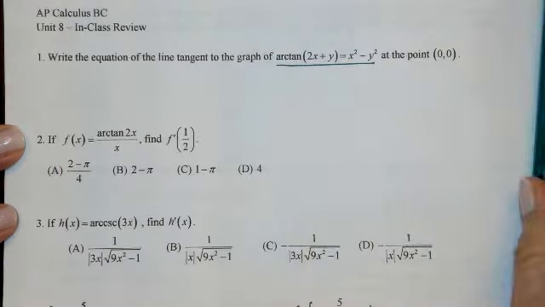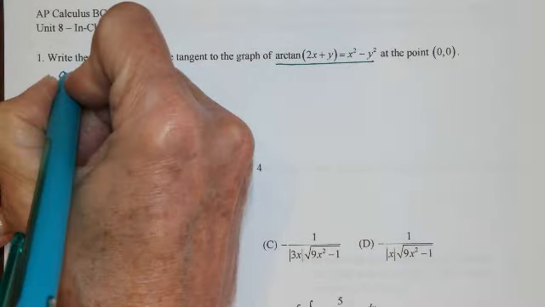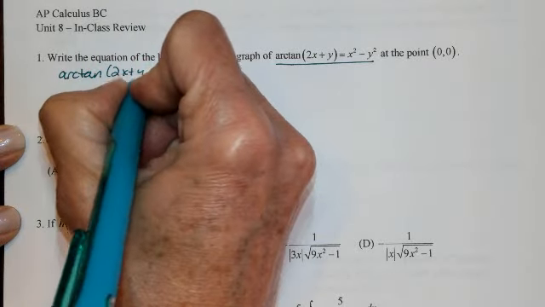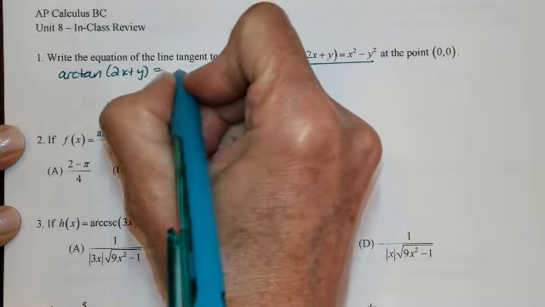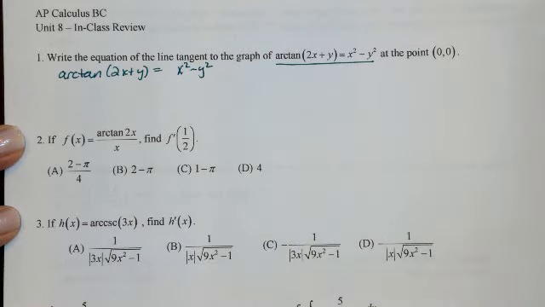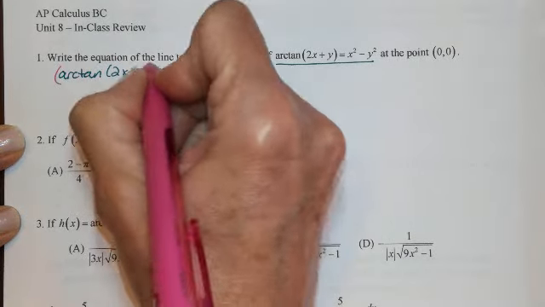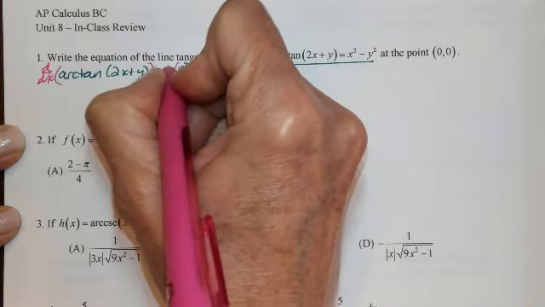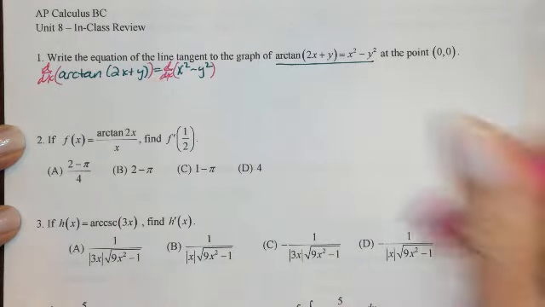So I'm going to take this curve, and then we're going to take the derivative of both sides with respect to x. Got to do this implicitly because it's not a y equals equation, right?